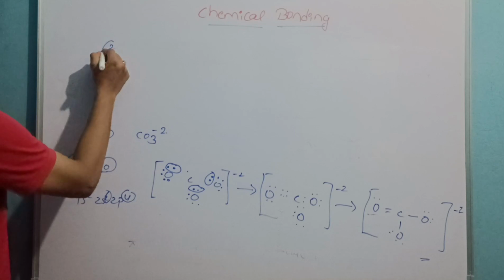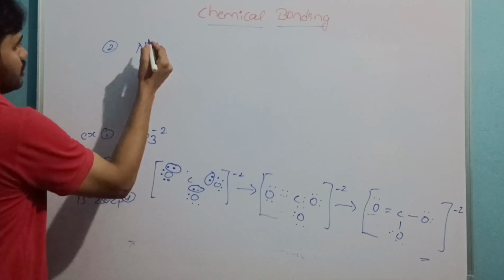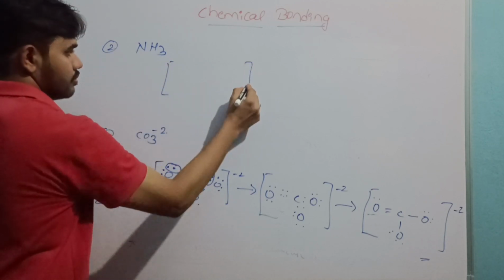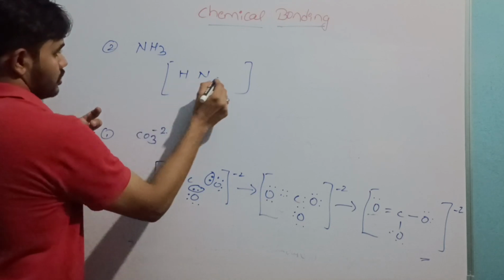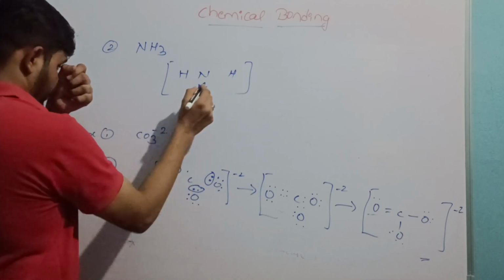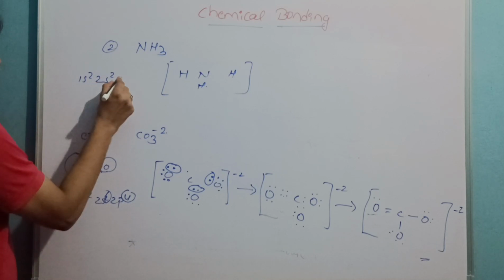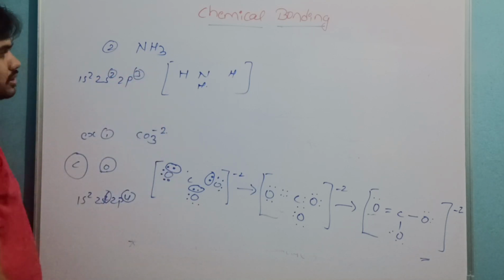Example 2, NH3. Here nitrogen is the central atom, with 3 hydrogens. Nitrogen has atomic number 7, electronic configuration 1s2, 2s2, 2p3. Total it has 5 valence electrons.